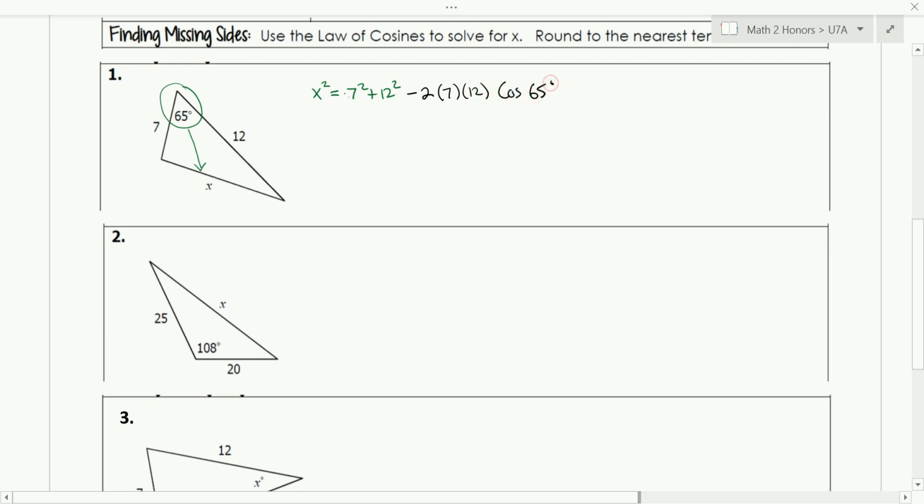Okay. So notice that everything on the right side of this equation is something you can plug into a calculator. There's no variables on the right side. So you could just plug that whole thing in, or you could do a piece at a time, but I'm going to plug it all in.